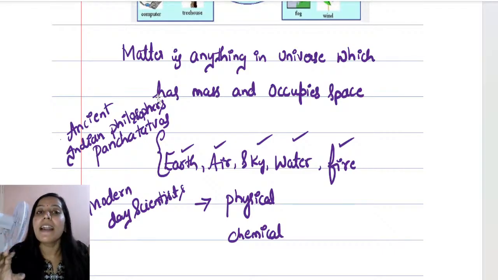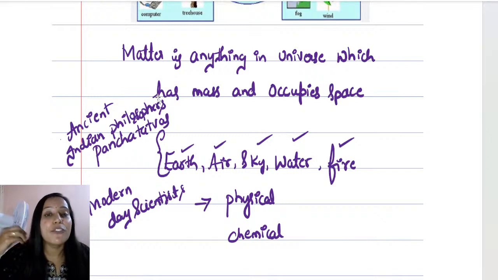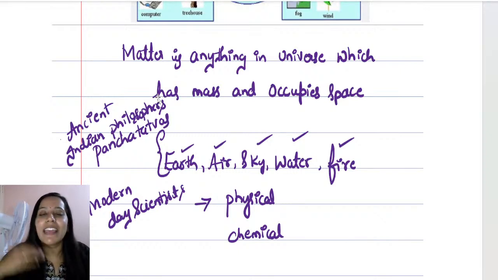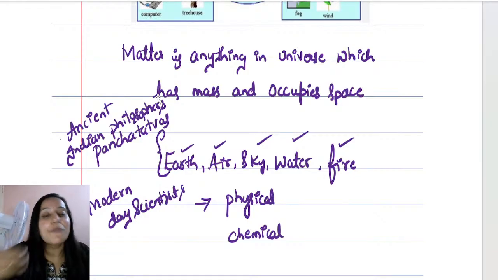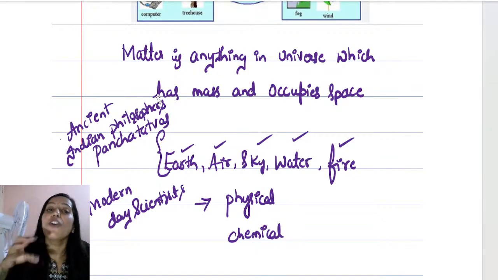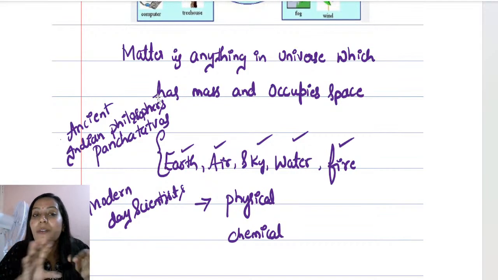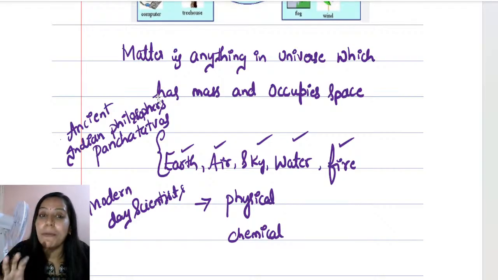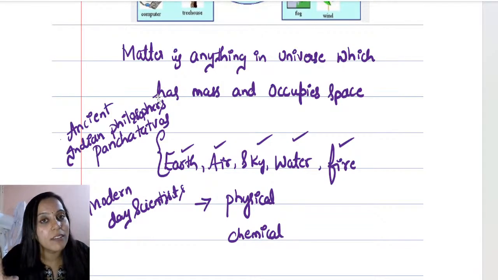Later on, this matter was classified by many people. Ancient philosophers classified matter based on their thinking. Later on, scientists came in the modern days. They classified matter into different things based on their observations and experiments. But remember, whatever was said by ancient philosophers was just their assumption.